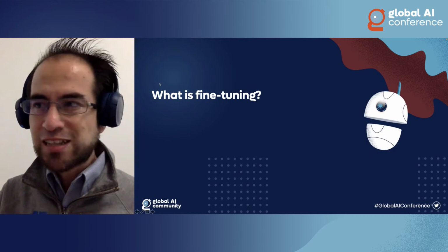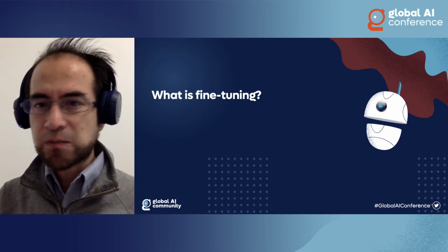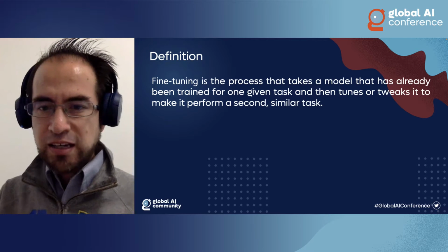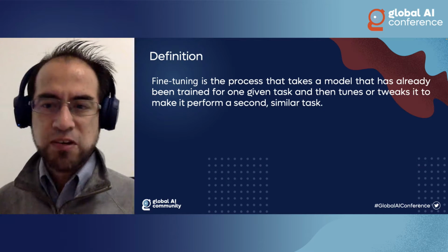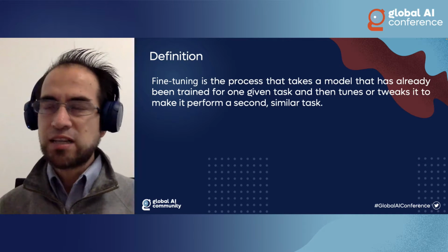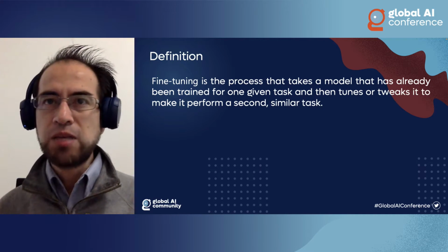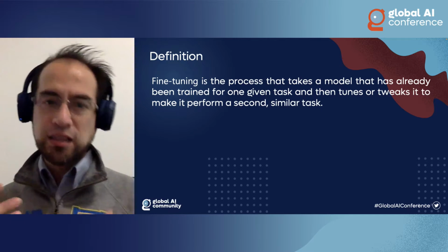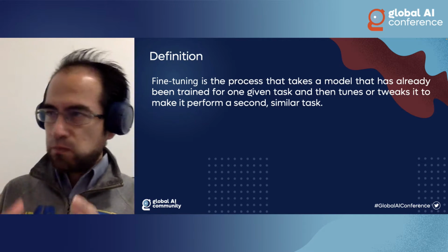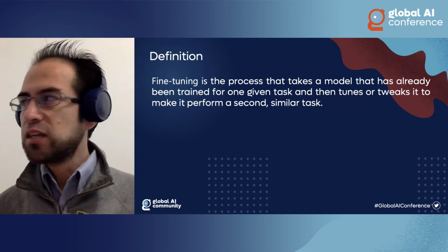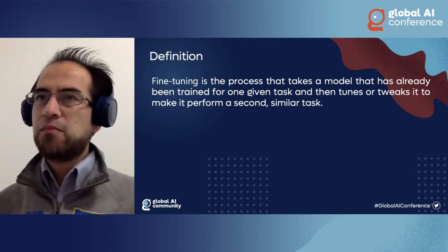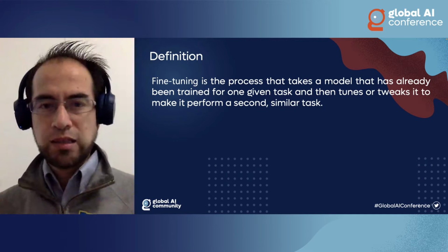All right, so let's get started here. What is fine-tuning? Fine-tuning is a way of applying transfer learning, a technique that uses knowledge which was gained from solving one problem and applies it to a new but related similar problem. The idea is that you take one model which already has some knowledge because it has been trained, but it focuses on one task.